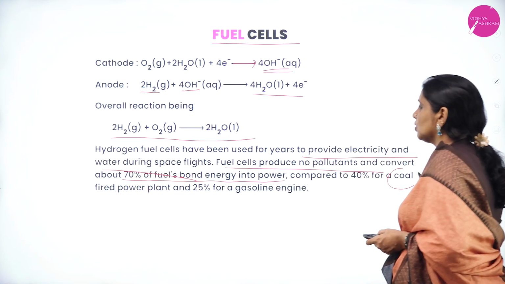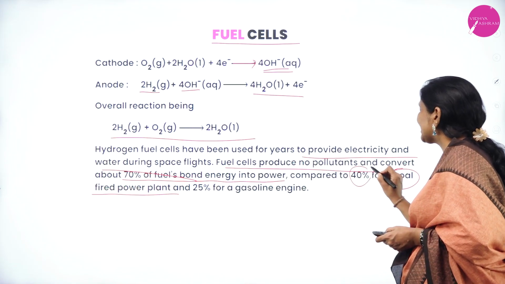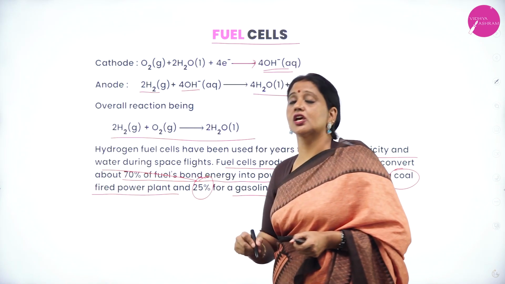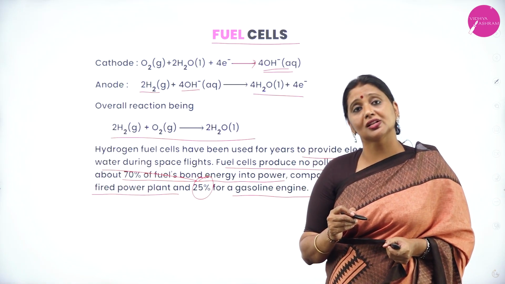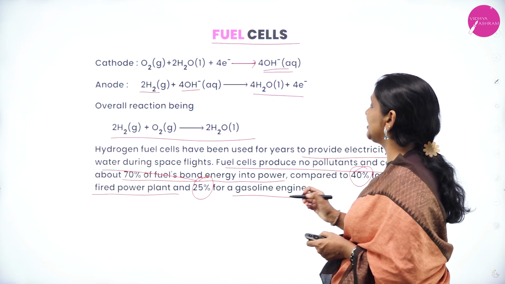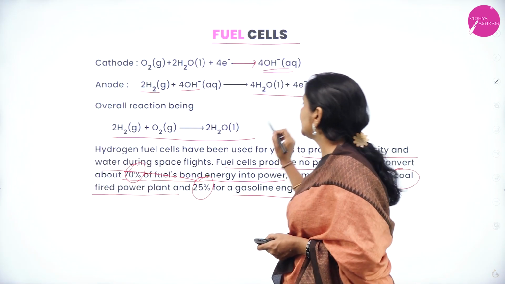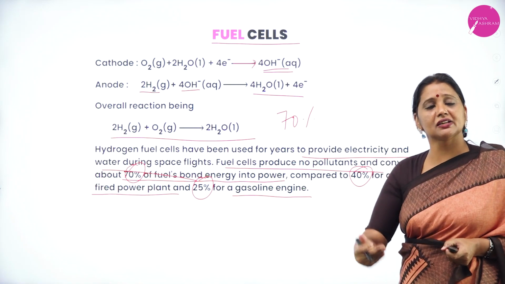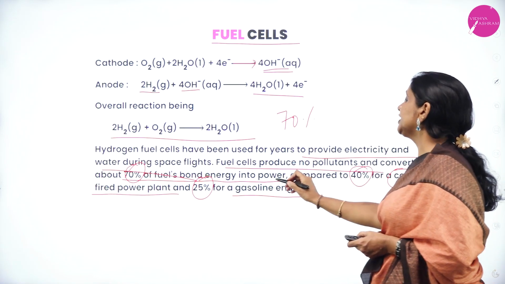If you use a coal-fired power plant, it only converts 40%. If you use a gasoline engine, it only converts 25%. But fuel cells convert how much percentage? 70%. It converts 70% of fuel bond energy into power.